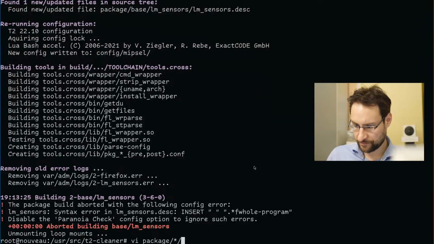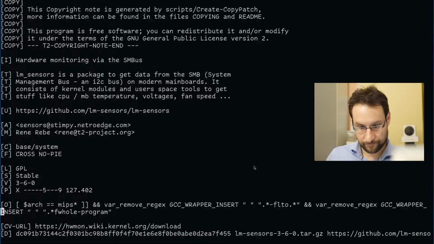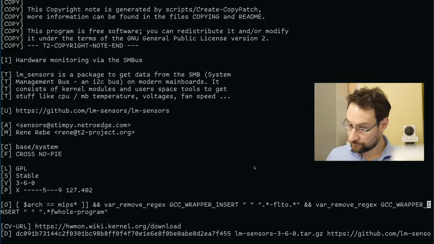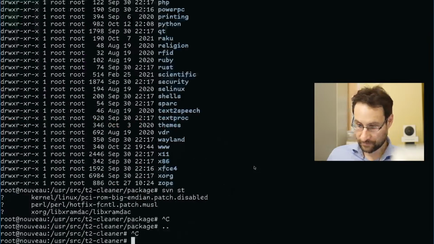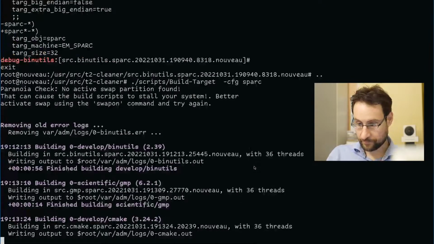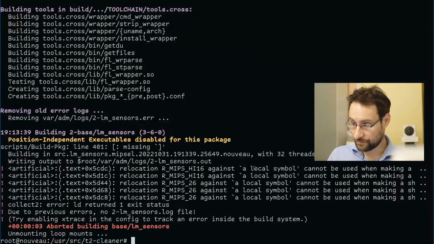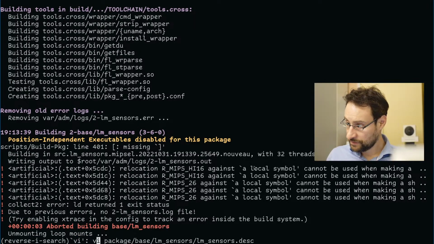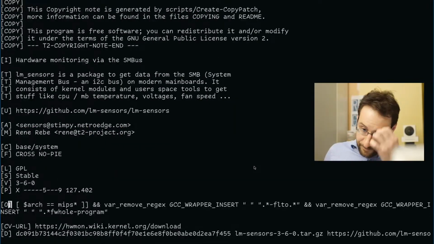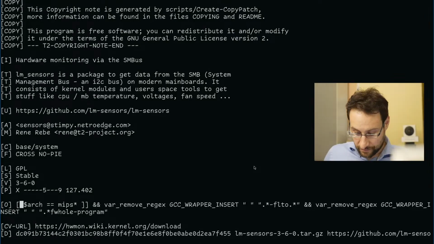Oh, cool also. Best was typo. Okay, so we built ROS there. Okay, relocation, thank you very much. Mips, okay, why is this so wrong?